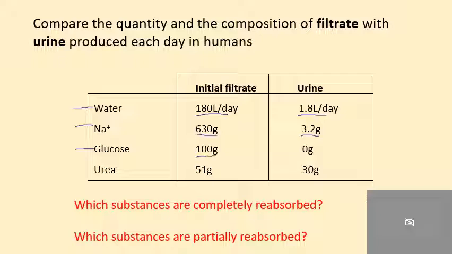So 100 grams of glucose gets filtered a day, and normal urine does not contain any glucose. So glucose is fully reabsorbed. Urea. Urea is filtered, it's partially reabsorbed. We get rid of some of our urea in urine, but some of it stays in the blood.